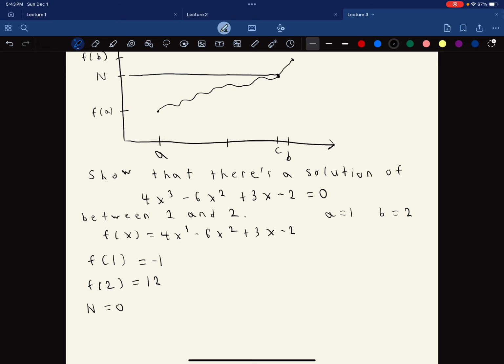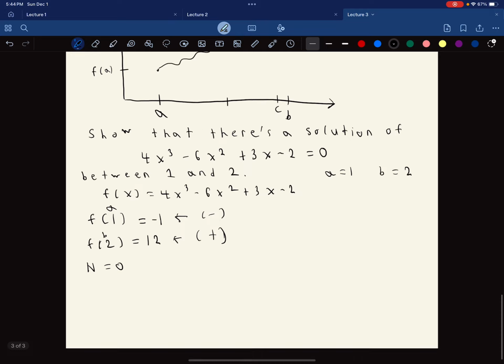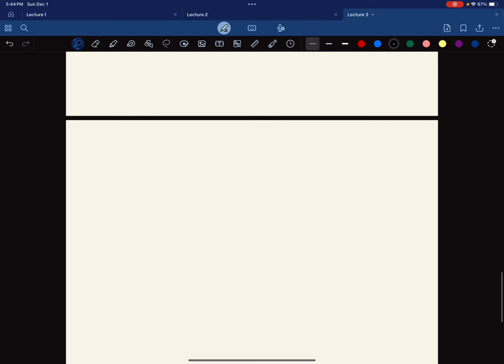So by showing that this is a negative number at a and that this is a positive number at b, we know that the function crosses the x-axis, meaning there is a solution to this function. That's typically how you're given questions where you have to use the intermediate value theorem.